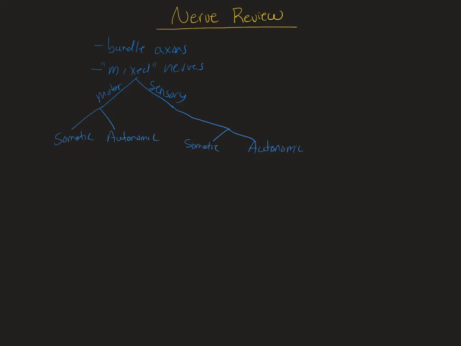All right, now mixed nerves do include both cranial nerves and spinal nerves. You remember from other discussions that cranial nerves originate in the brain or brainstem, and spinal nerves originate off of the spinal cord. Now, motor neurons tend to have their neuron cell bodies located in the brain or spinal cord.